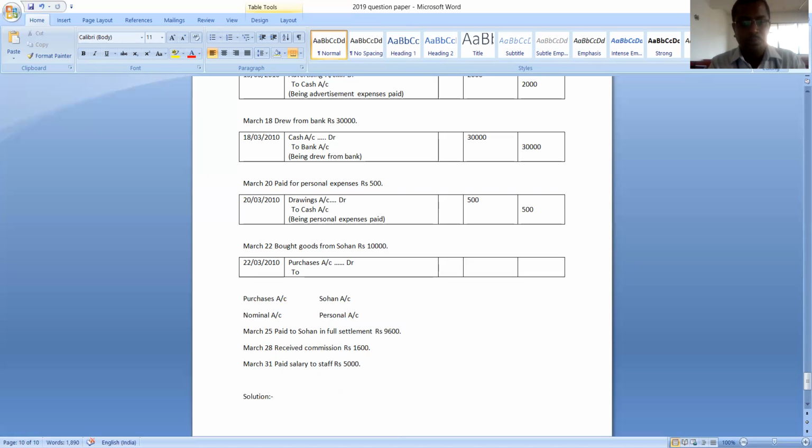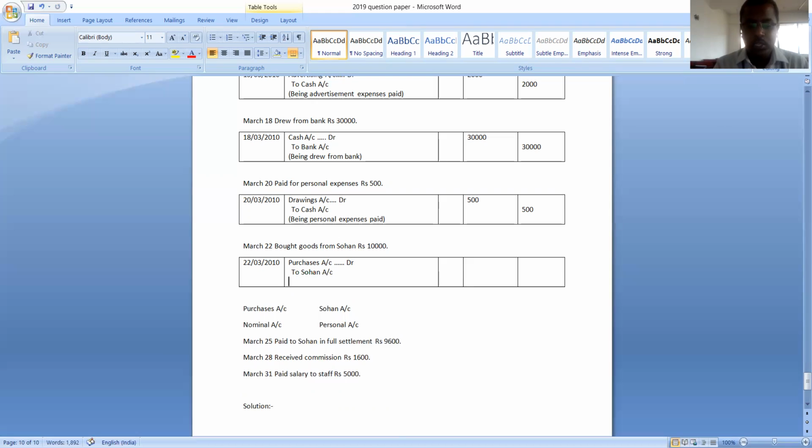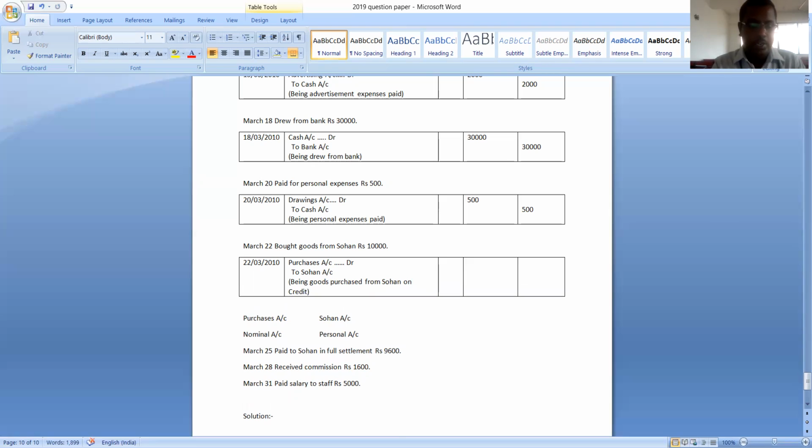To which account? To Sohan's account. Why should Sohan's account be credited? Because Sohan is the giver. Bought goods from Sohan, so Sohan is the giver. What is the narration? Being goods purchased from Sohan on credit.